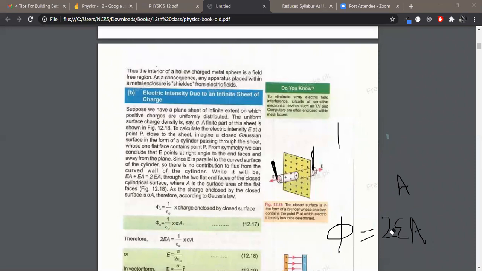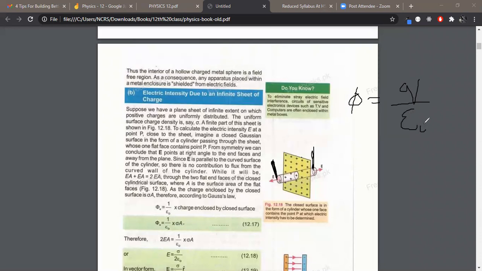So we got our flux, that is phi equals 2Ea, and we know that Gauss's law says that the flux of the closed surface is the charge enclosed in the surface divided by the permittivity.